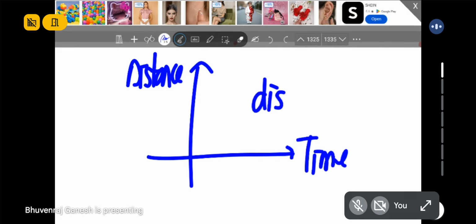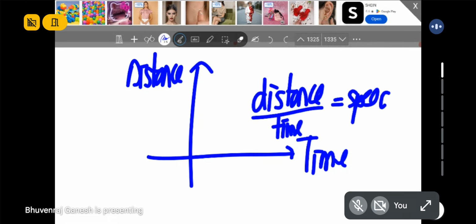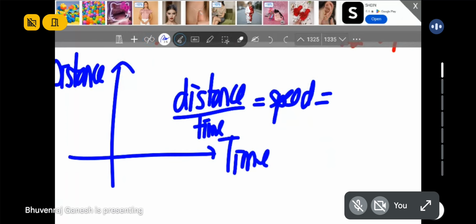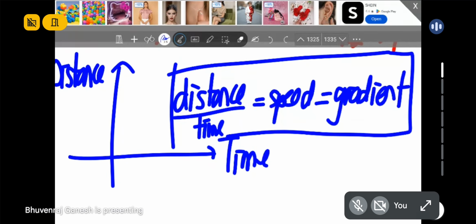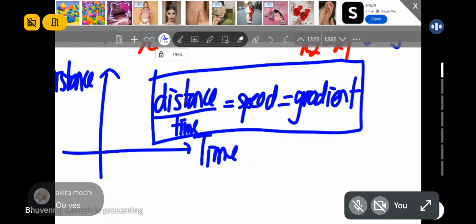Am I right? Distance over time is equal to speed. Speed is equal to gradient. This is the relationship, guys. Understand? Faham? Ini hubungan dia. Distance over time is speed. Speed is your gradient. Okay? Faham? So clear, guys?